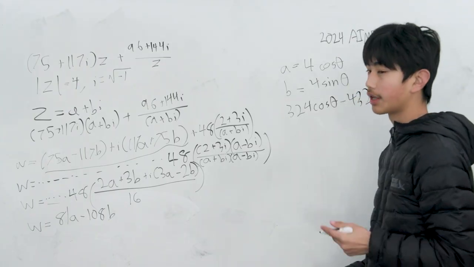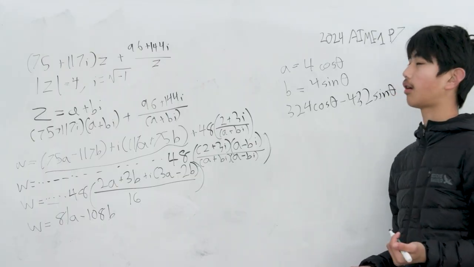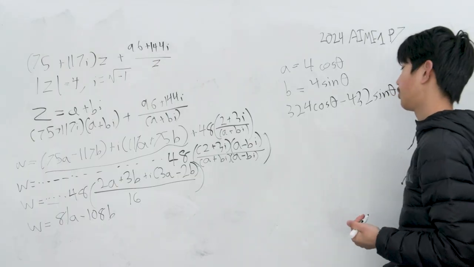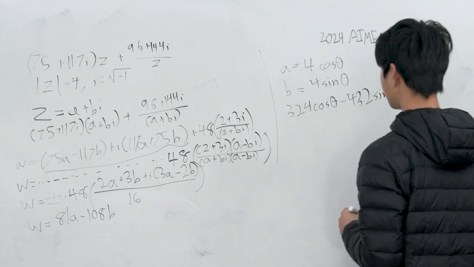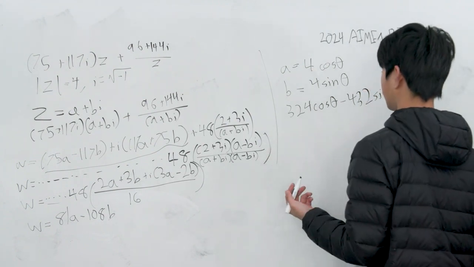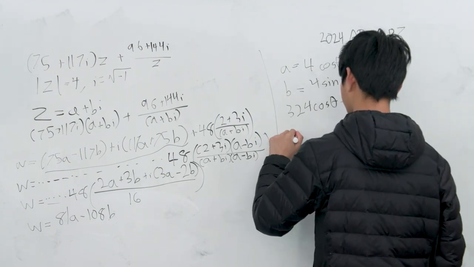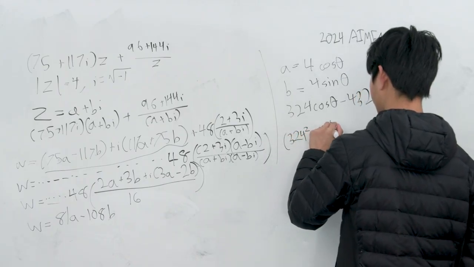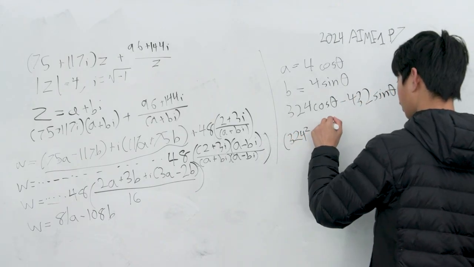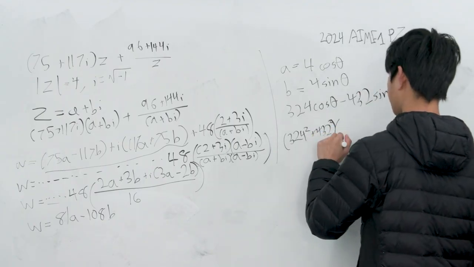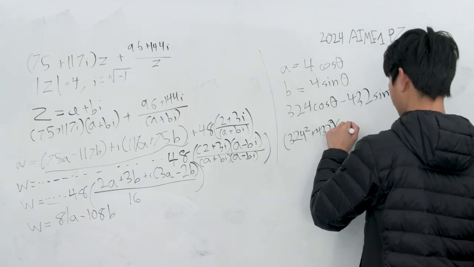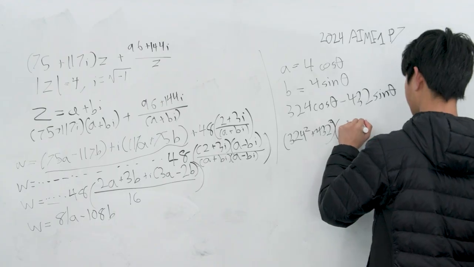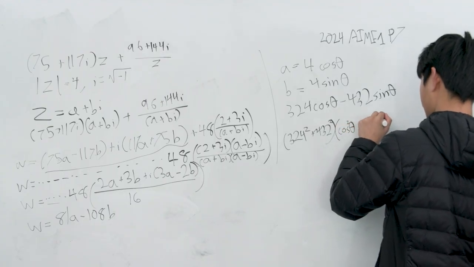And then we can use the Cauchy-Schwarz inequality. I don't know if I'm pronouncing it right, but use the inequality. It's 324 squared plus 432 squared times cosine squared theta plus sine squared theta.